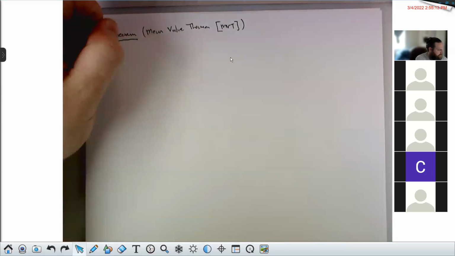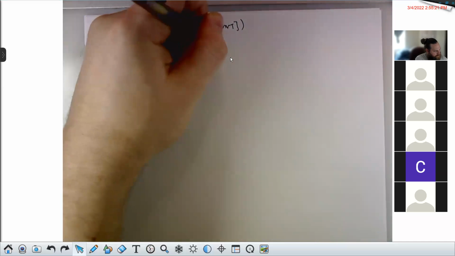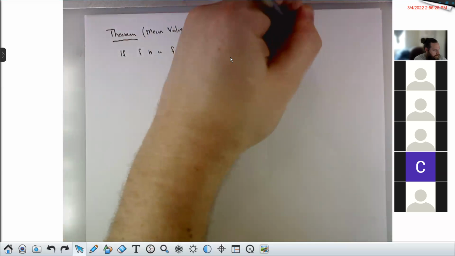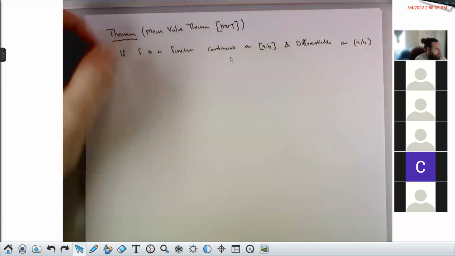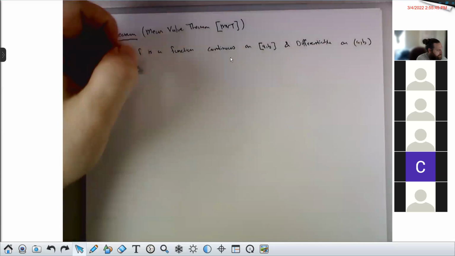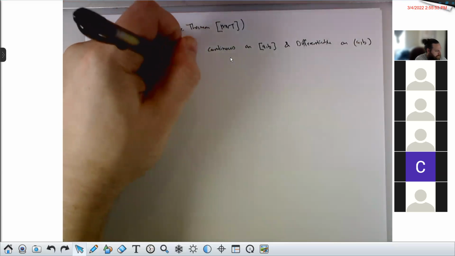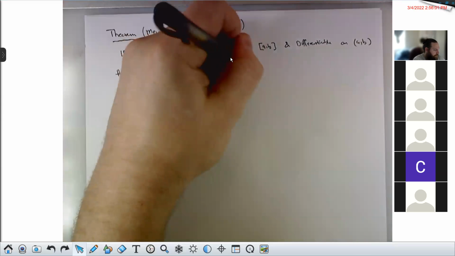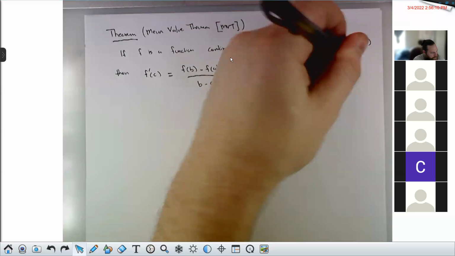What this says is, same hypotheses, almost the same I should say: if f is a function continuous on the closed interval [a, b], and differentiable on the open interval (a, b), then, you notice there's no f(a) equals f(b), then f'(c) is equal to not 0, but (f(b) minus f(a)) over (b minus a), for some number c between a and b.